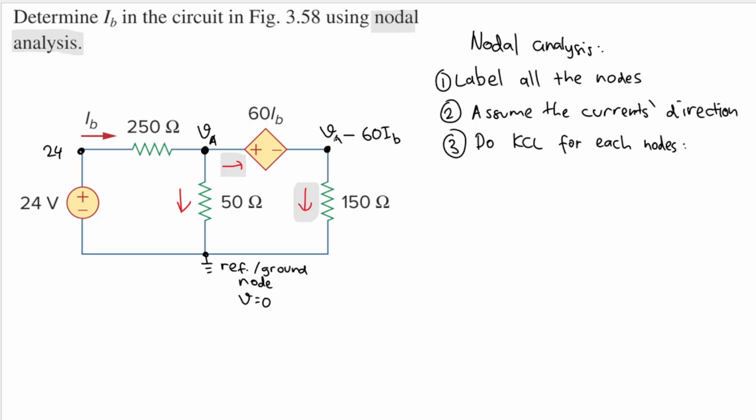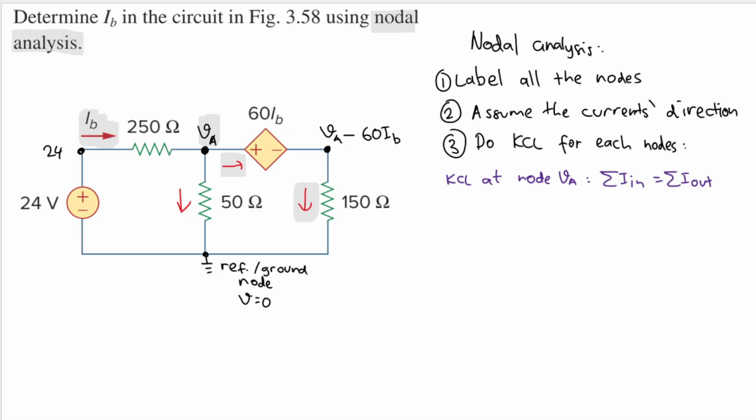Let's see what we can do here. We need to do KCL at node VA. KCL says that the sum of the currents going in equals the sum of the currents going out. The only current that goes in is this one, which we get as IB.